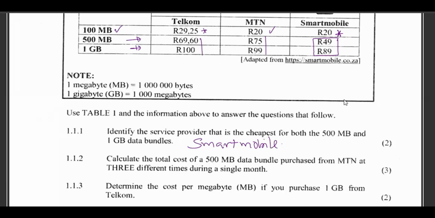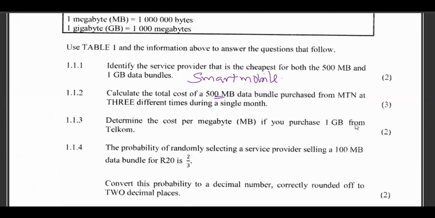It's this much. You're looking at 500 MB. So we're going to say 75 times 3. You get your answer as 225 rands.